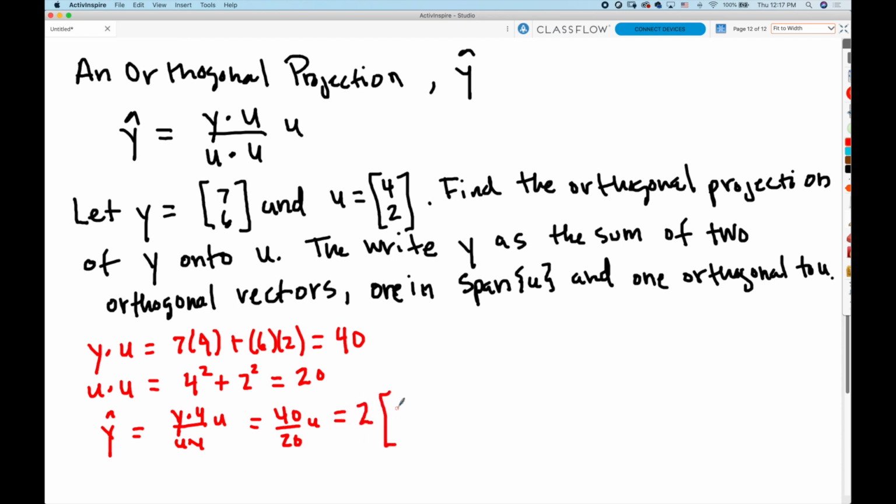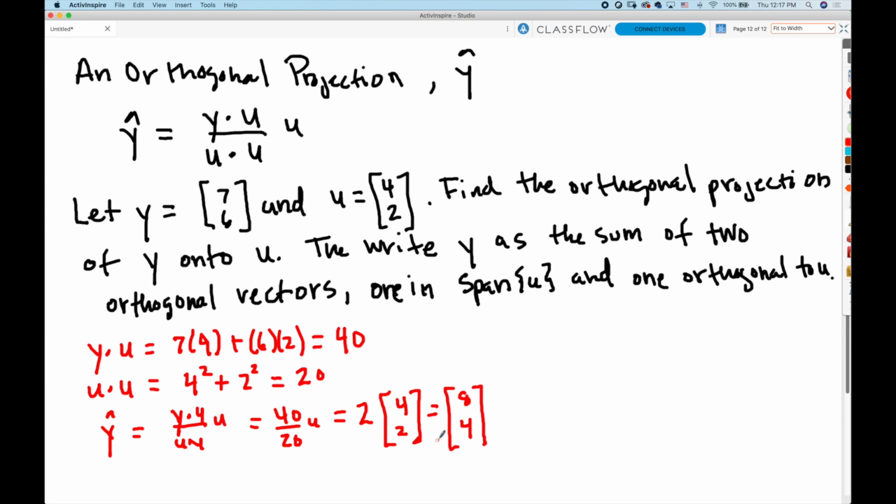U is 4, 2, which is 8, 4. All right. So the orthogonal projection is going to be the vector 8, 4.